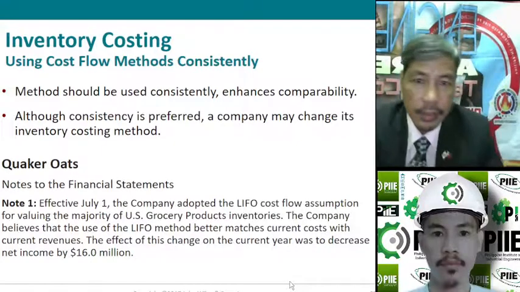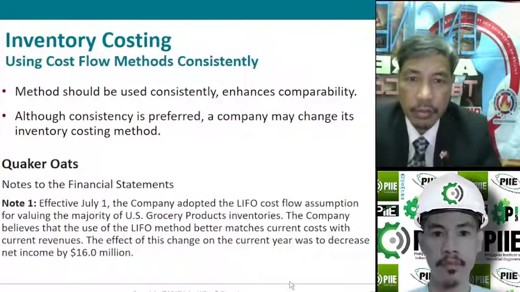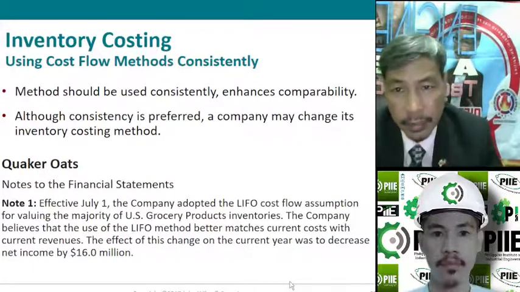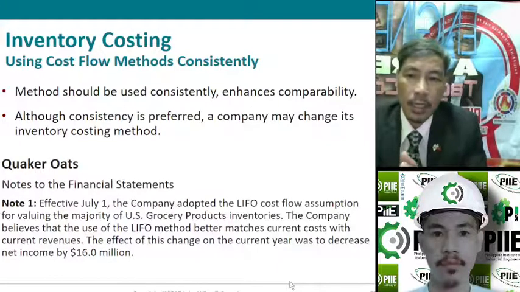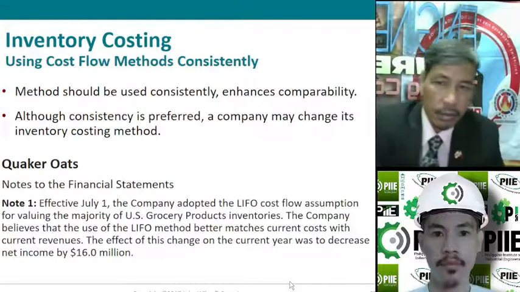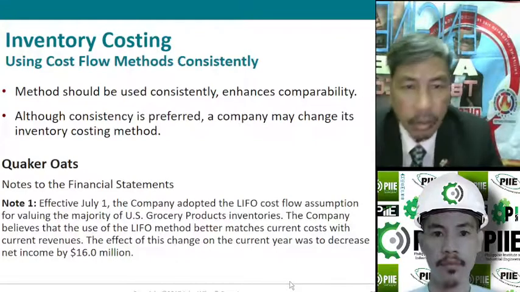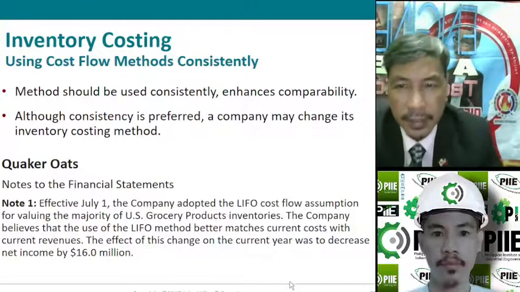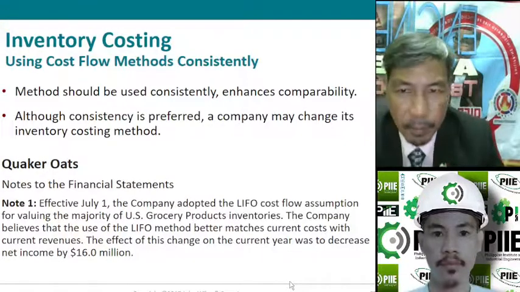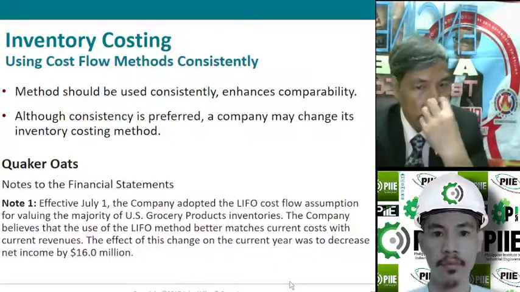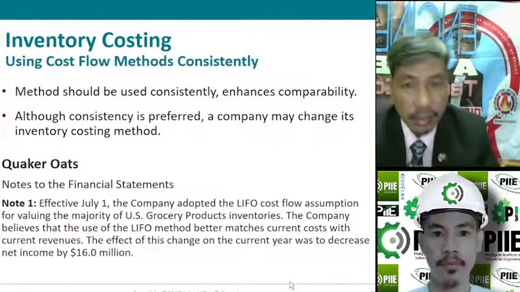Inventory costing. Using cost flow methods consistently. A method should be used consistently, which enhances comparability, because if in one accounting period you are using one method and in another accounting period you use another method, there's no consistency, and the comparability of the data suffers. Okay, although consistency is preferred, the company may change its inventory costing method.